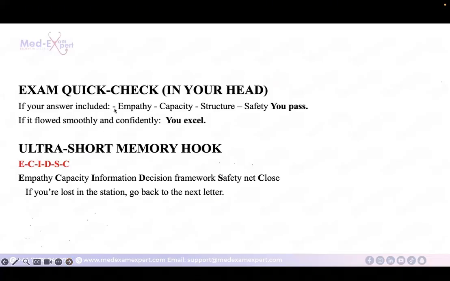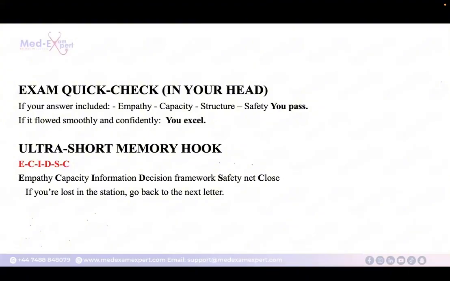So if your answer includes empathy, capacity, structure, and safety, you will pass any station. But if it flows smoothly and confidently, you will excel. So I just put ECIDSC. These are the short mnemonics, which show empathy, capacity, information, decision framework, safety net, close.